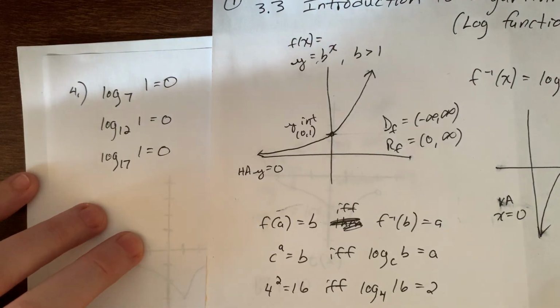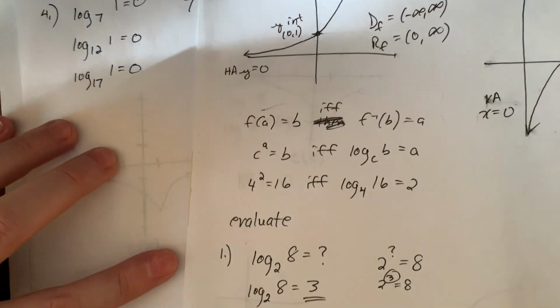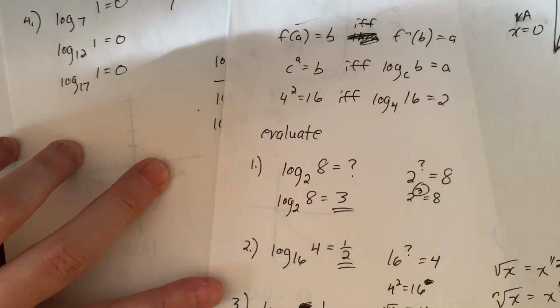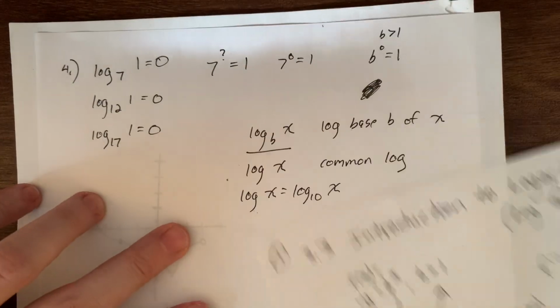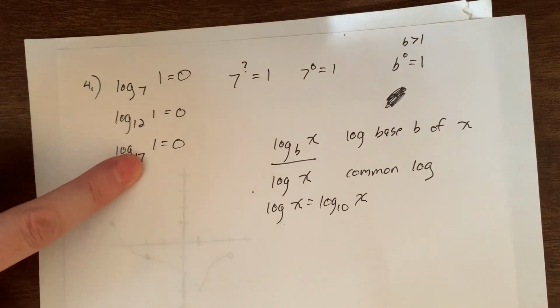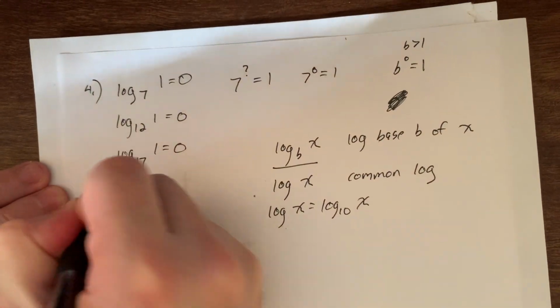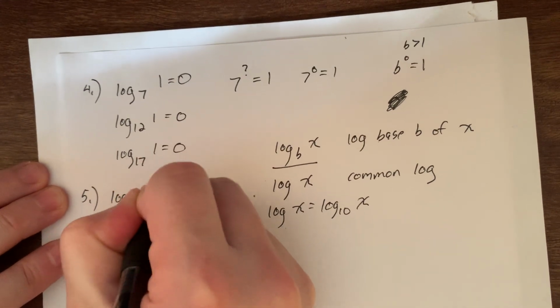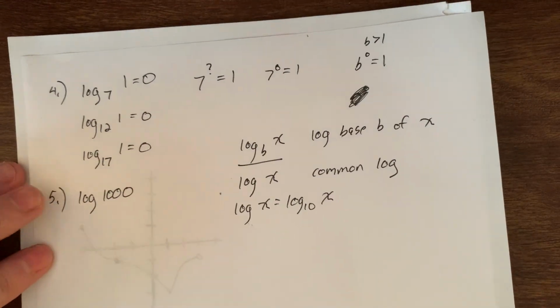Notice all the previous ones, you did not have a log base 2, a log base 16, you do not have a log base 3. None of these buttons are on your calculator. But if you just have, let's look at log of 1,000.